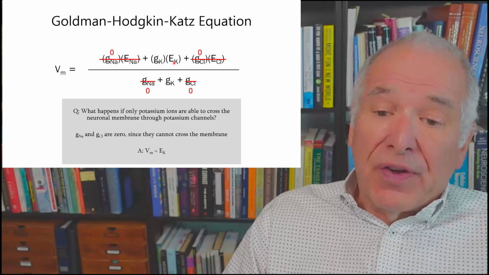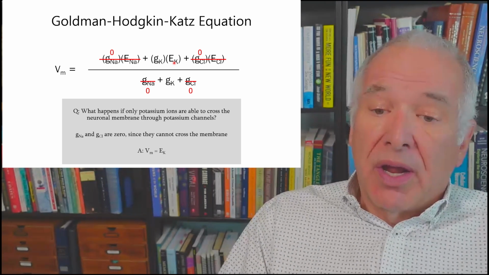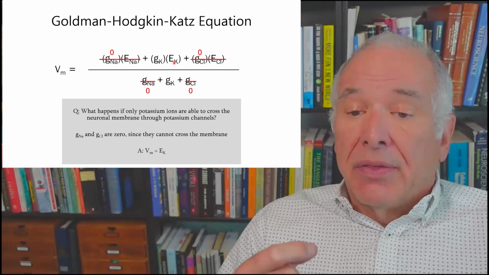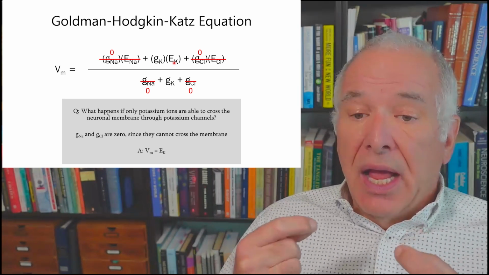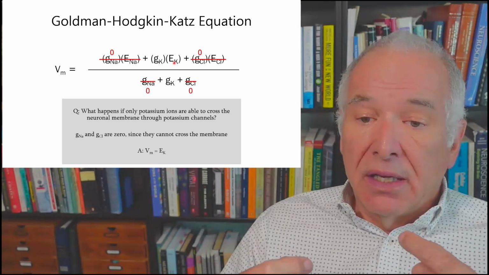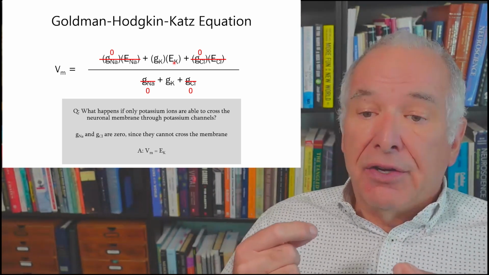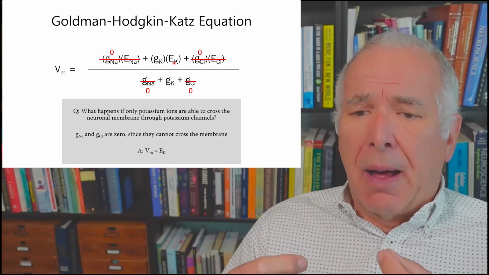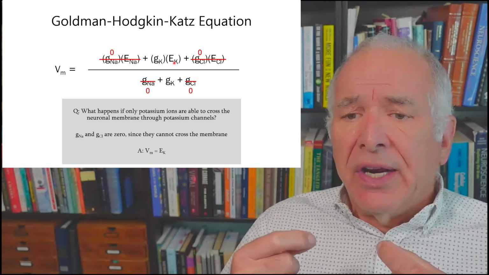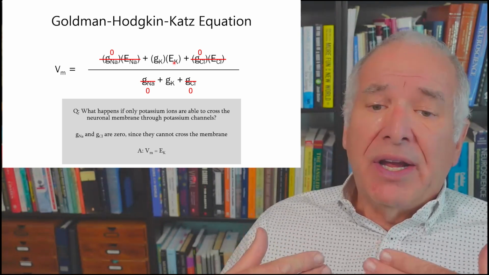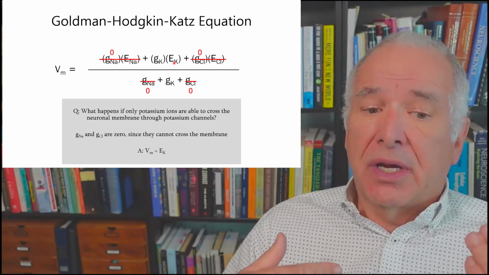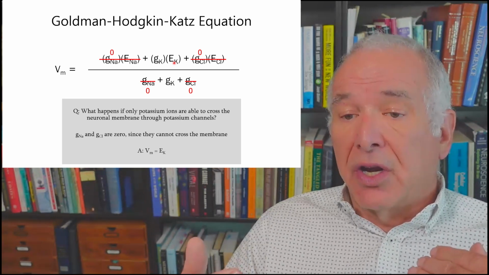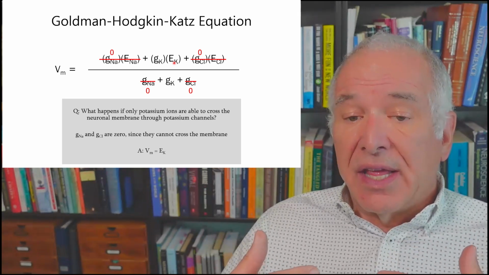That makes perfect sense given what we were looking at before, because remember that the equilibrium potential is the balance between the electrical force and the diffusional force. And when those two forces are equal and opposite, then we say that they're in equilibrium. Another way of looking at that is for every potassium ion that comes in, a potassium ion goes out, and so it stays at that equilibrium.